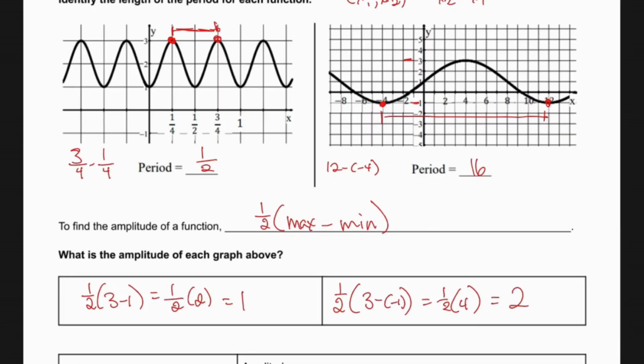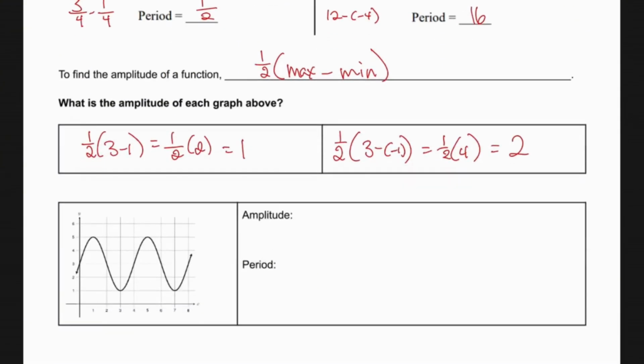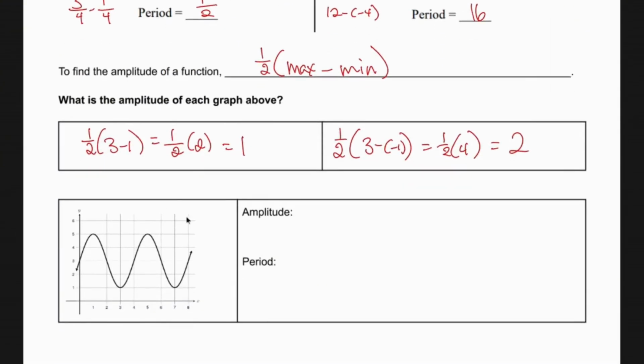Okay? Not too complicated yet. Let's do the same thing. We've got amplitude and period of this guy right here. So the amplitude, the very tippy top is at, what is that, 5. And then the very bottom is at 1. So half of 5 minus 1 is half of 4, which is 2.